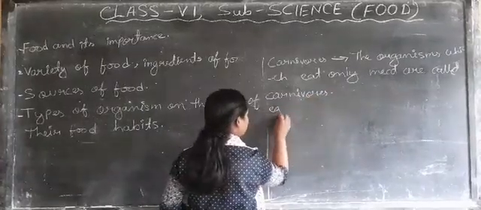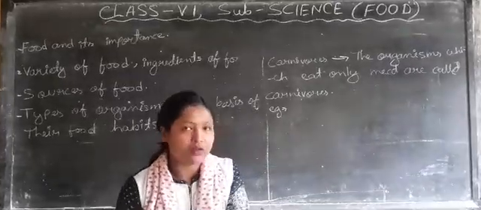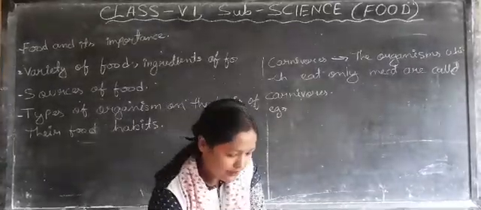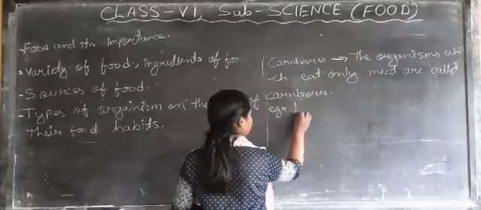For example, this is the example of carnivore. Which animal eats only flesh or meat? That is lion or tiger, etc. Right?